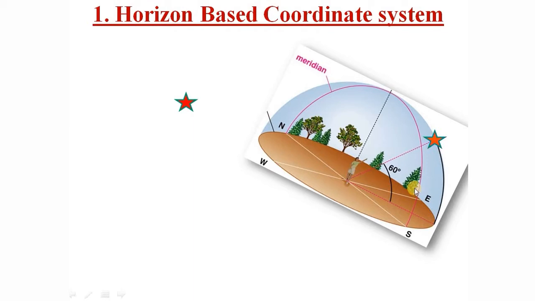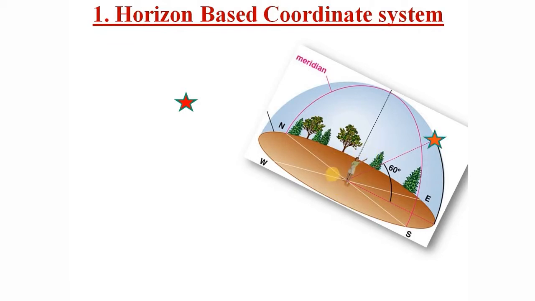So the entire plane is felt to be joining with the celestial sphere at a faraway point. That plane, the horizon plane, intersects the celestial sphere, and we can imagine a circle. That circle is called the horizon circle. So our first coordinate system is based on this horizon plane.